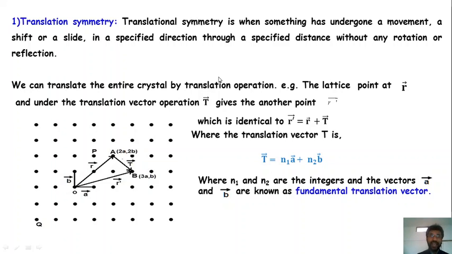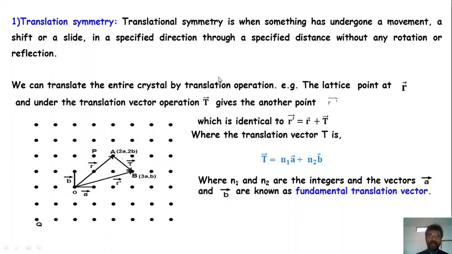Such symmetry is known as translation symmetry. We have already seen different examples of translation symmetry.